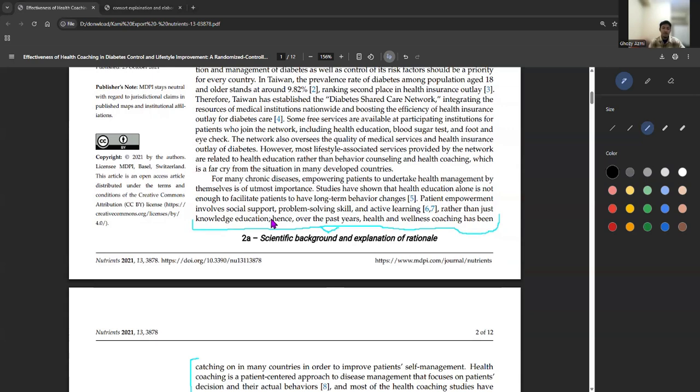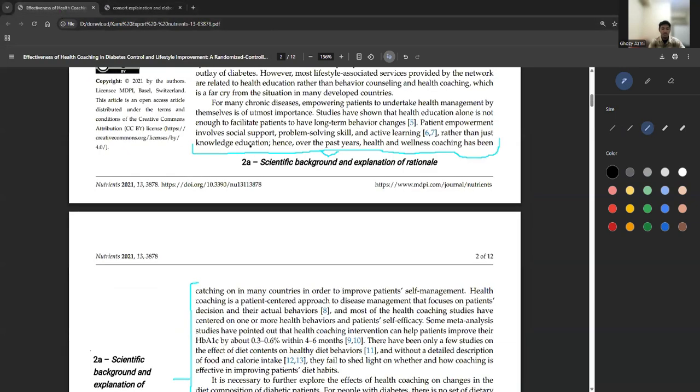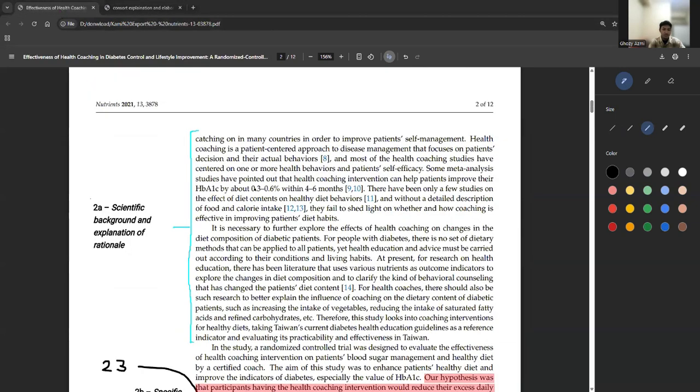And then item 2B is specific objectives or hypothesis. It clearly says that the goal is to improve healthy diet and reduce HbA1c through health coaching.